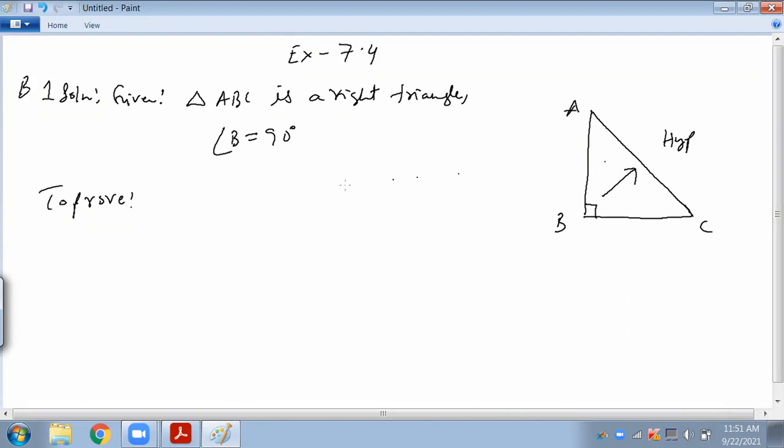So you have to show AC greater than AB, and AC greater than BC also. You have to show the hypotenuse is the longest side.